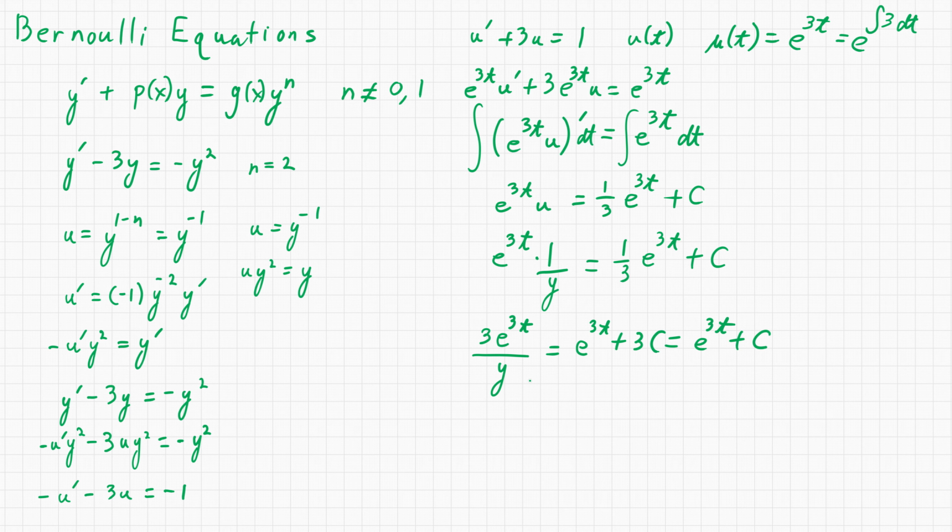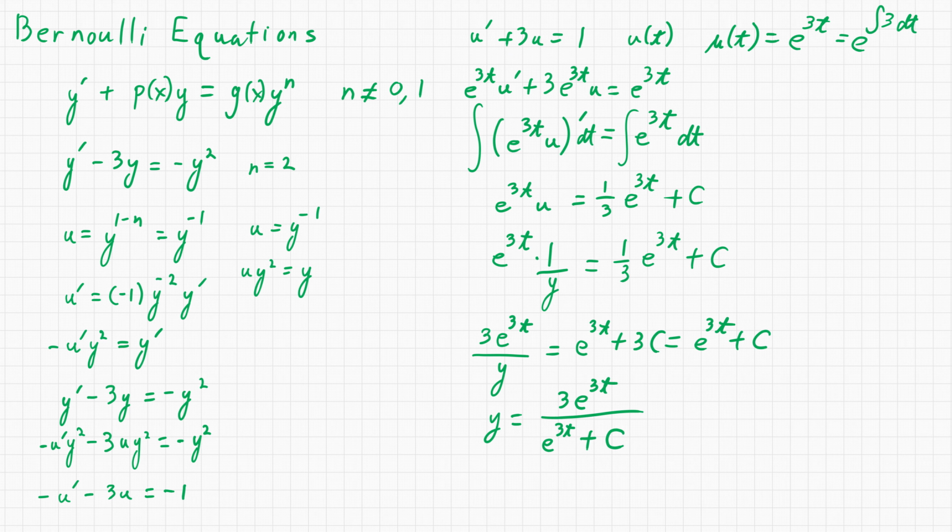Now I can multiply on this side by y and divide by e to the 3t plus c, so I end up with y equals 3 e to the 3t over e to the 3t plus c.